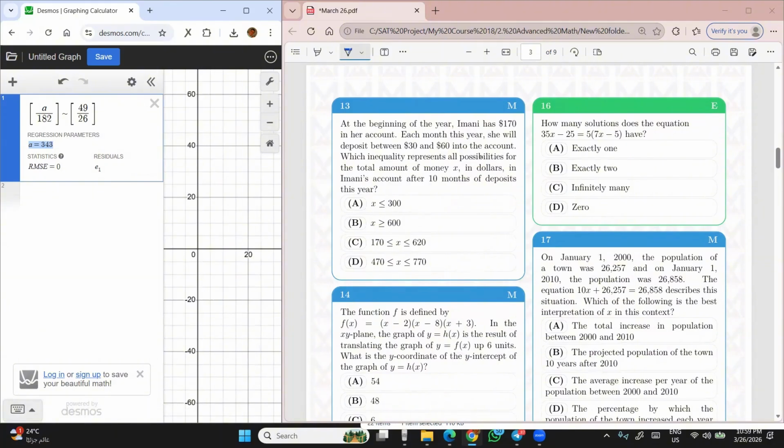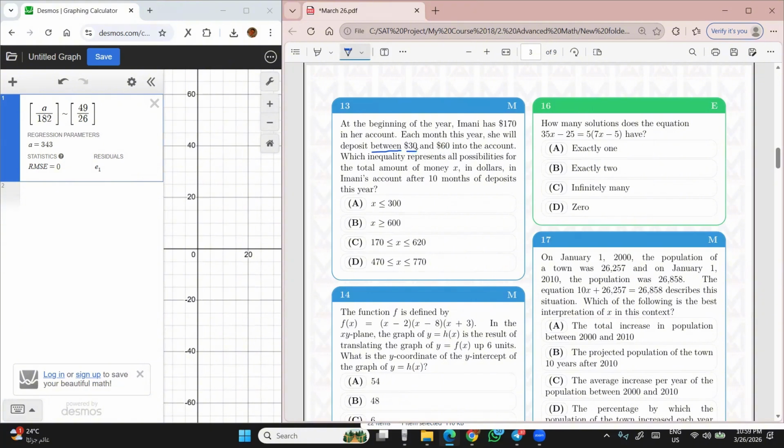So we can say that we have the word between. Between means that the value is between two numbers. But here we have 170 at the beginning. And each month, she deposits maybe 30 or 60 or any number in between them.